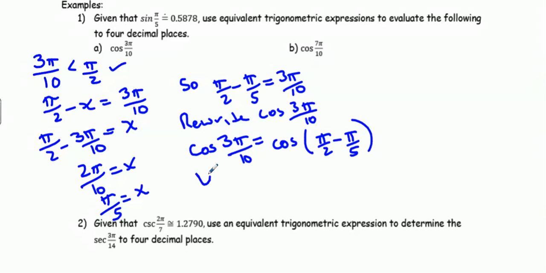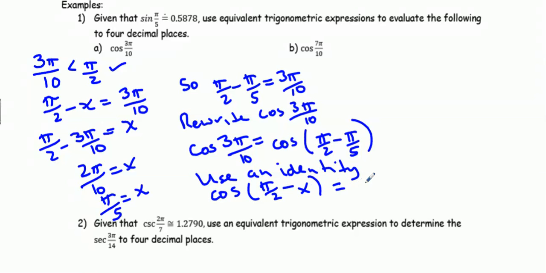Now we're going to use an identity. So this is where you're going to go to your table, your formula sheet, and you're going to find an identity that has cos of pi by 2 minus x related to it. And I think you can see that the cos of pi by 2 minus x is equal to the sine of x.